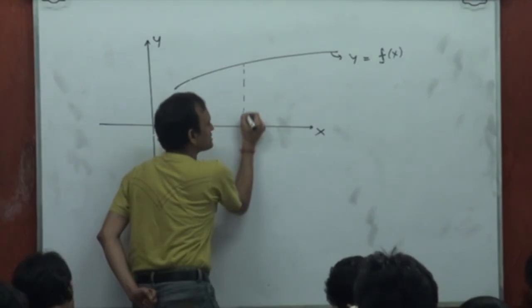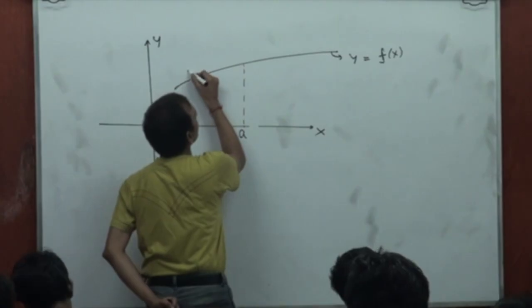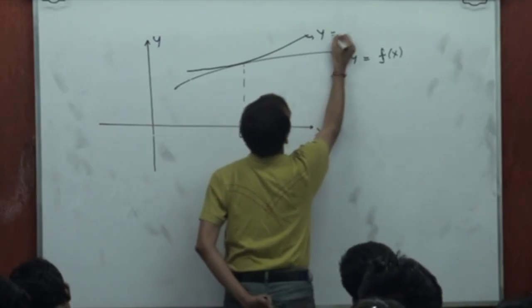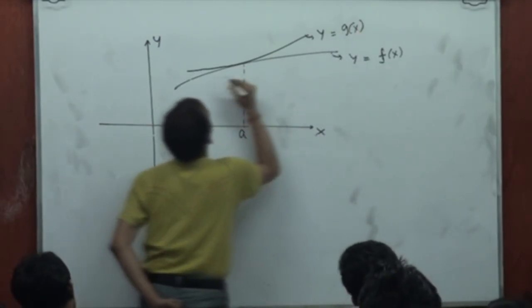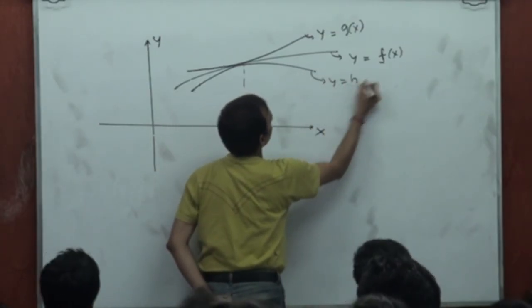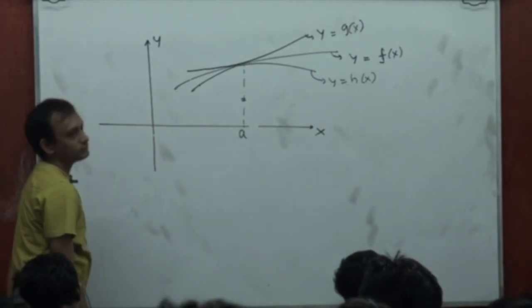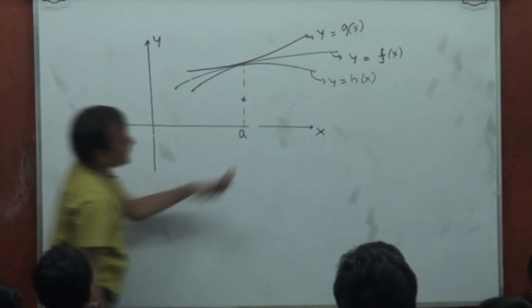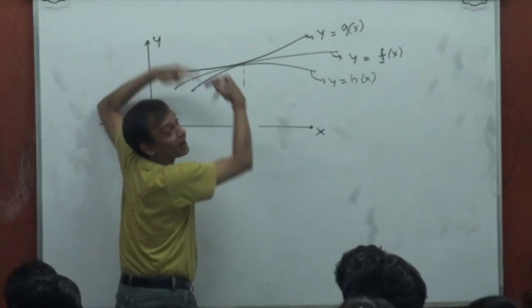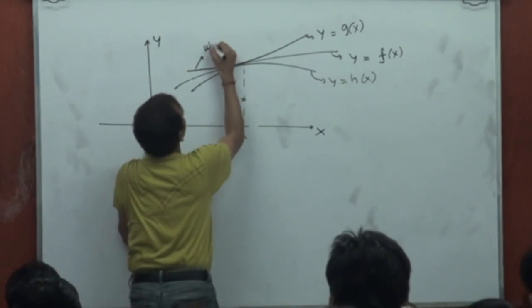And in the neighborhood of x equal to a, I have two other functions, let's say y equal to g(x) and y equal to h(x). g(x) is called the upper bound function because it is higher than f(x) in the neighborhood of x equal to a.